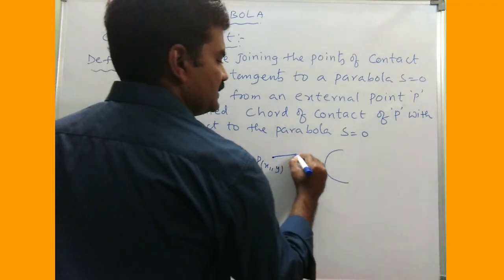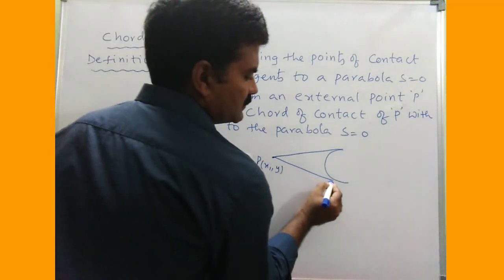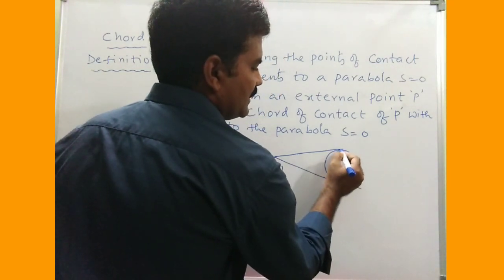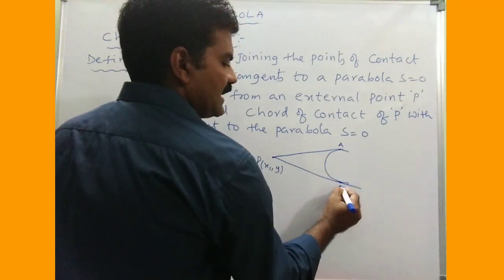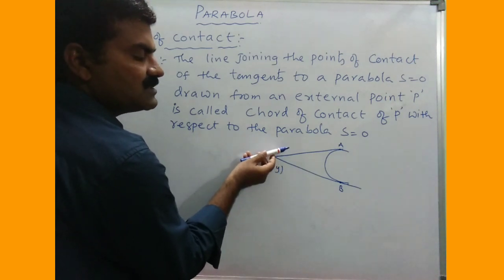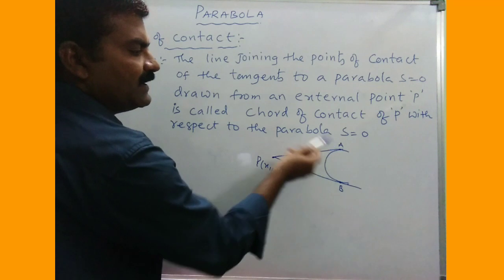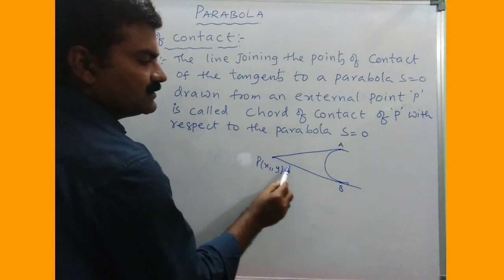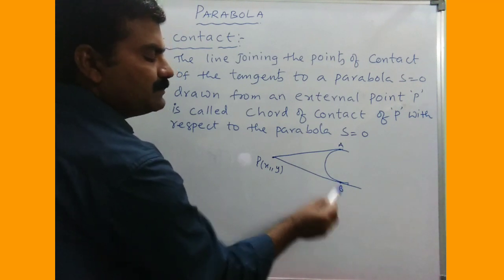Now through P, as we already discussed, we can draw two tangents to the given parabola, say A and B. The first tangent drawn from P meets the parabola at a point A, and the second tangent drawn from P meets the parabola at point B.